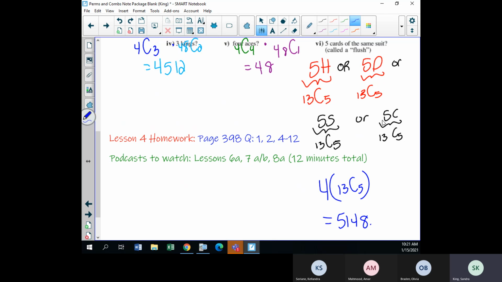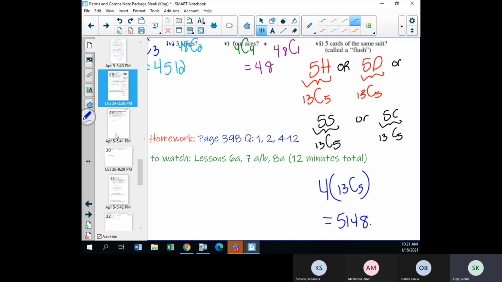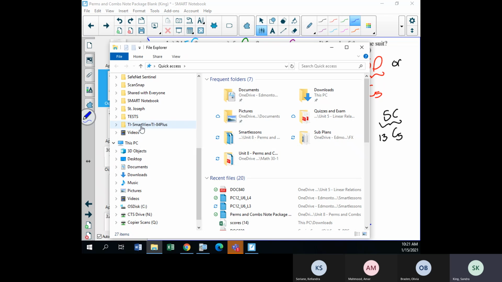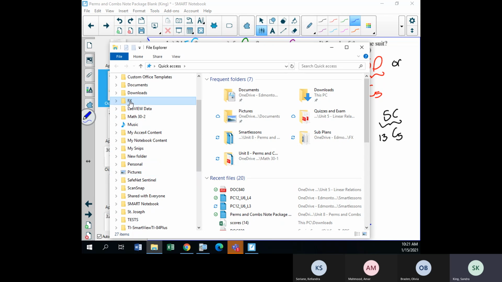Let's do 11 together, because 11 combines combinations and permutations. I would say that 11 is the most challenging for this. So just look at 11 for a second, and then I'll open it.